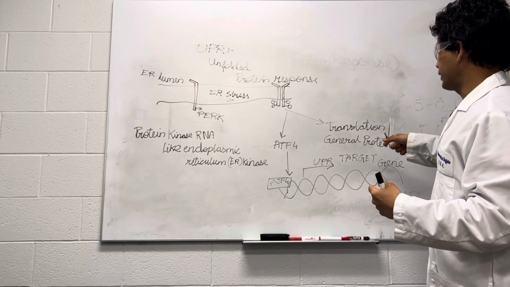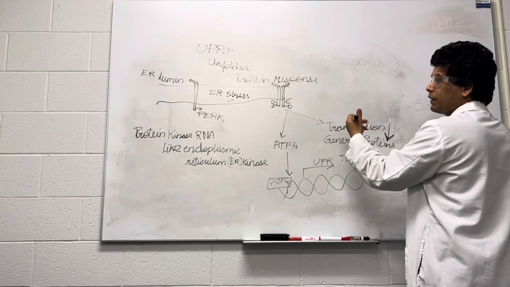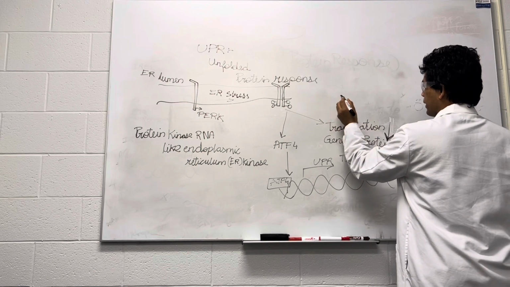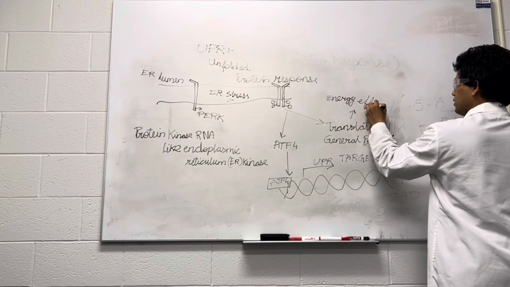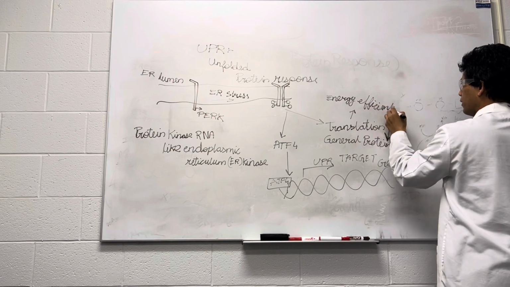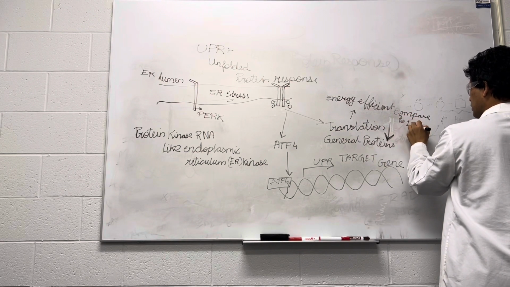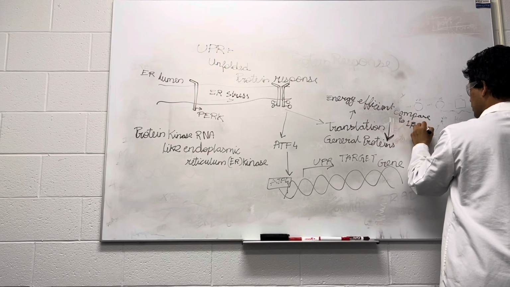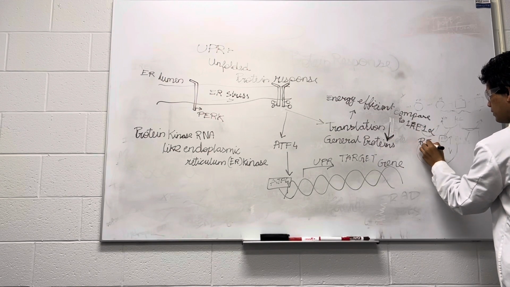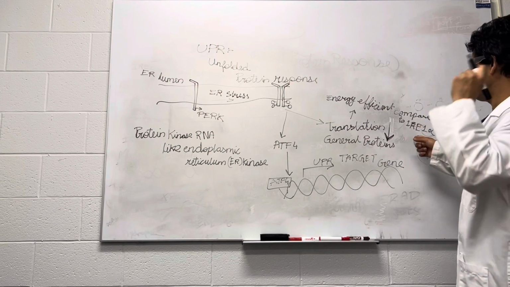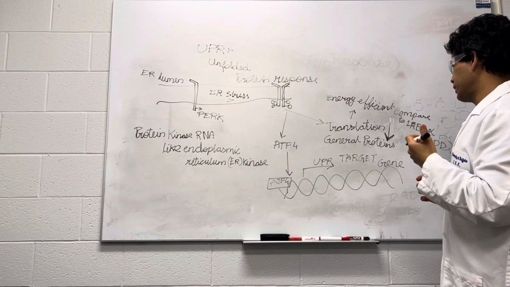This PERK step is considered more energy efficient compared to the IRE1 alpha signaling, because in IRE1 alpha the energy is utilized to generate mRNA from DNA via transcription and mRNA splicing.